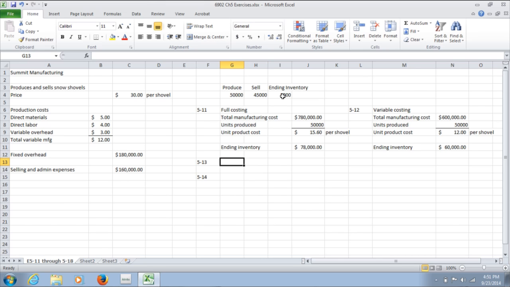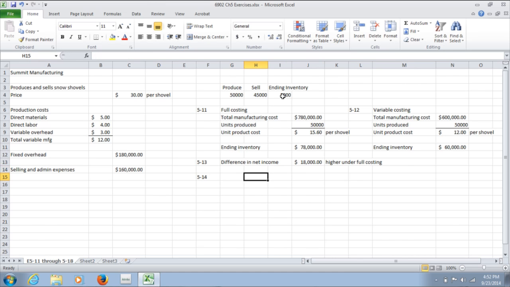And indeed, in exercise 513, we're asked to find the difference in net income without actually preparing the income statement. So since the ending inventory is $18,000 higher under full costing, that means the net income is $18,000 higher under full costing than it is under variable costing.